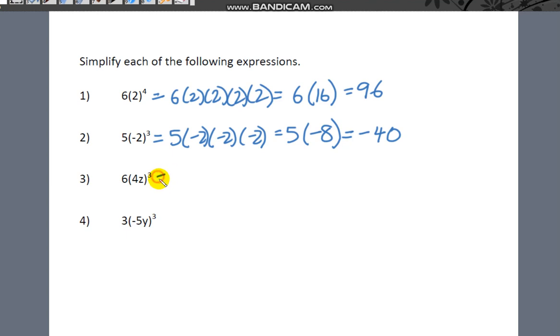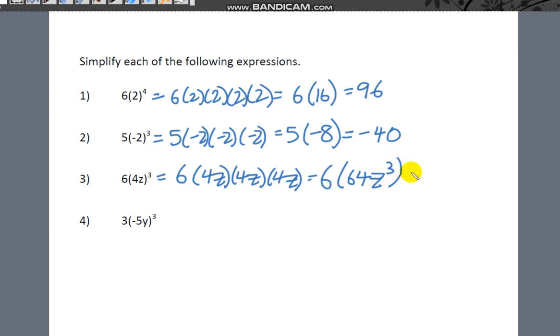Okay, this one, 6 times 4z cubed. So if it helps, write it all out. 6 times 4z times 4z times 4z. Okay, so if I were to simplify this, this is 4 times 4 times 4. I believe that's 64. Z times z times z is z cubed.